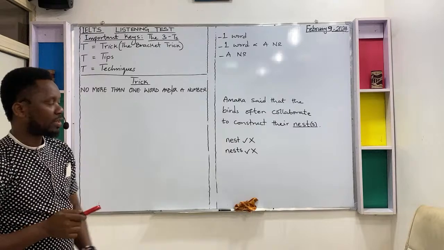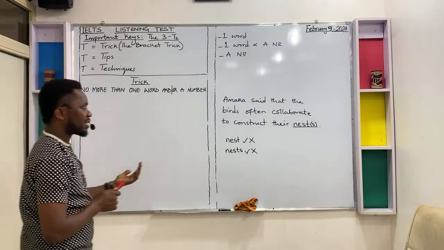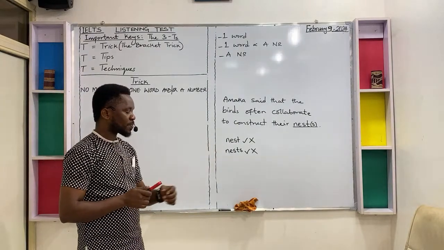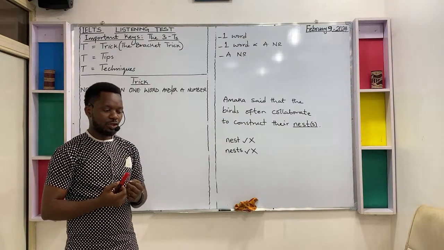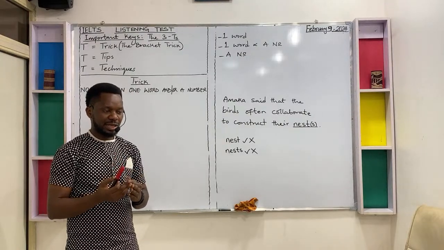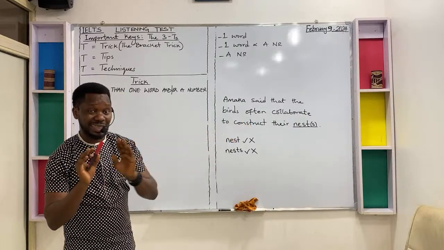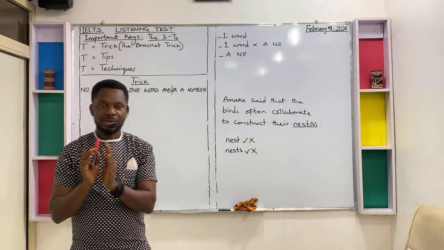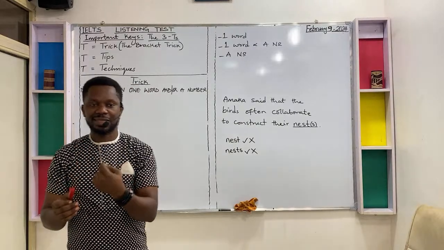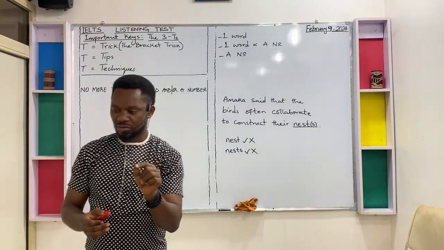Yes. So the S being written right there means, examiner, if what you have to be the correct answer is nest, please, the S is in bracket, optional. But if what you want is nests, the S is right there. Take it.